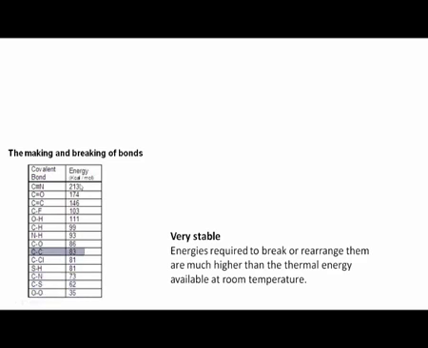The CC bond is about 83 kilocalories per mole, and the CH covalent bond is about 99 kilocalories per mole. That is, for making or breaking these bonds, you need to either spend or provide this much energy.